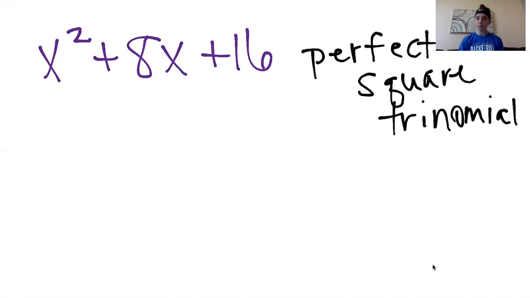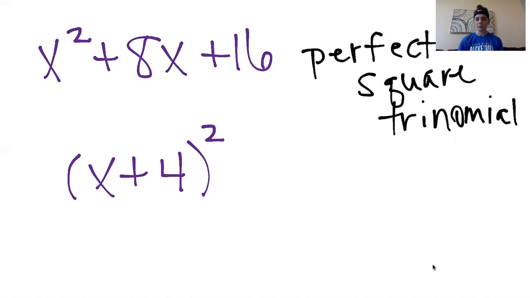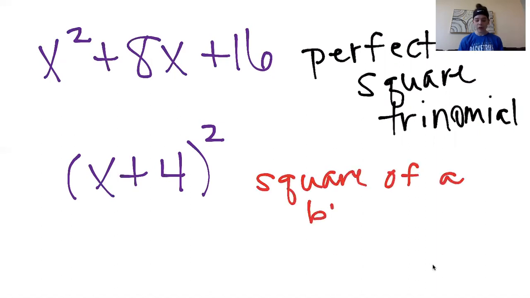So 16 is a perfect square, and x squared plus 8x plus 16 factors to (x plus 4) squared, which we like to call the square of a binomial. I wouldn't say that those terminologies are super important for you to know, but this is why it works the way that it does.